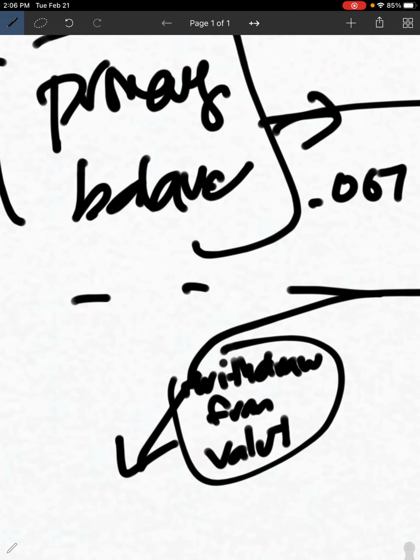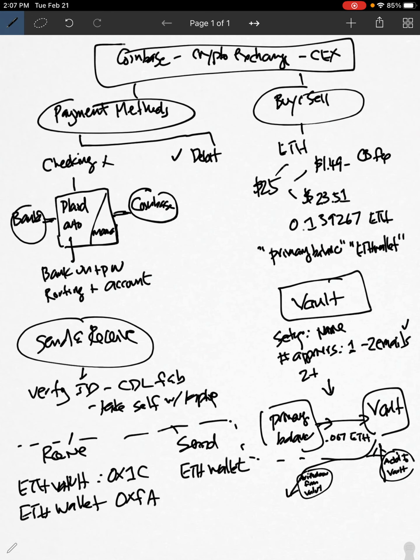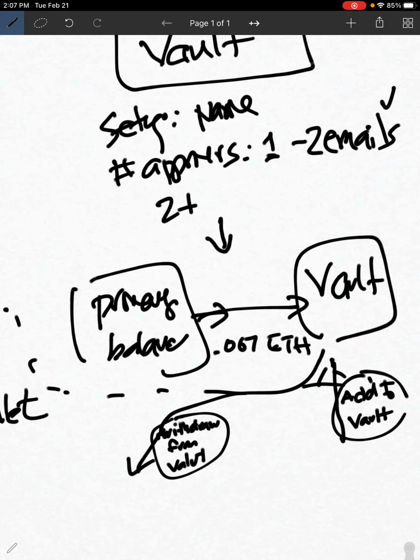Okay. And then if you're adding to vault, you can do it from two different sources. You can add it from an Ethereum address, or you can do it from your accounts or your wallets.